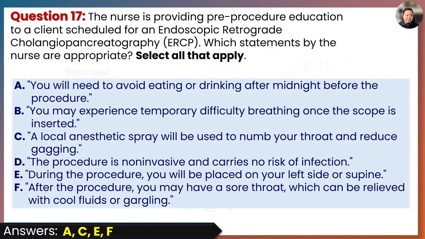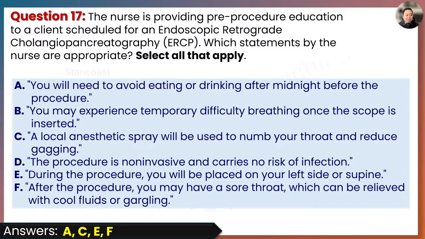And letter E, the client here will typically be positioned supine or left lateral to allow optimal endoscope navigation into the duodenum. And letter F, the insertion of the endoscope can also cause mild pharyngeal irritation, so it is expected that they will experience that irritation, but it is something that can be relieved by gargles.